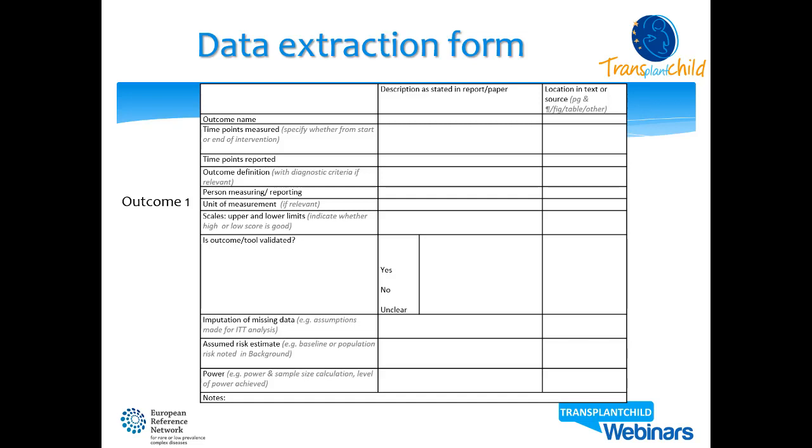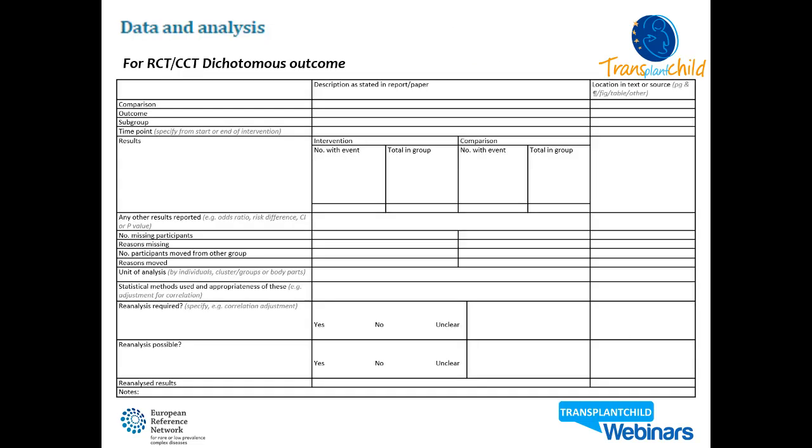Assumed risk estimate, usually this is in the background in the introduction, so I couldn't insist much more on that, right? And the power and sample size calculation, this could be nice, okay? So if they have used 80% power or something like that. For the outcomes, just copy and paste the table, the numbers you need, all right? Okay, so this is for the data and analysis.